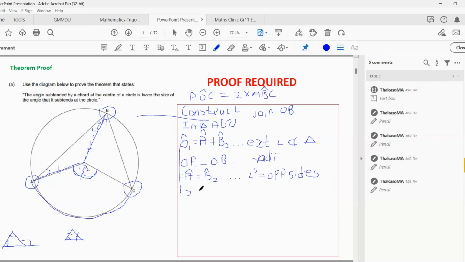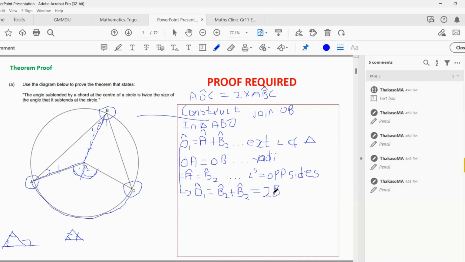So then we can say O1 is equal to, remember we said A is also equal to B2, so we can substitute A for B2, then we have plus B2. B2 plus B2 will give us 2B2.